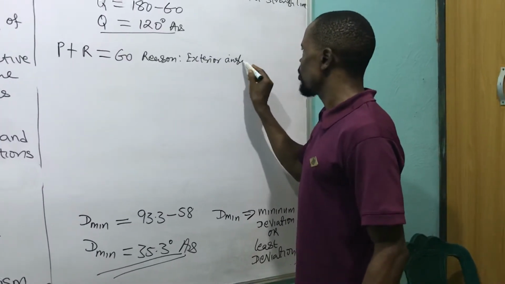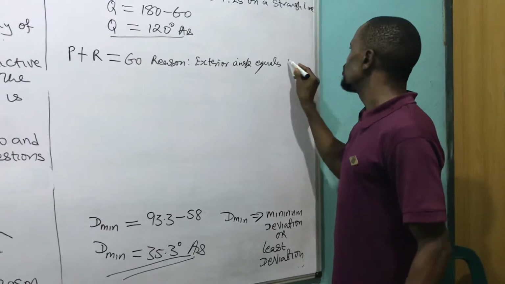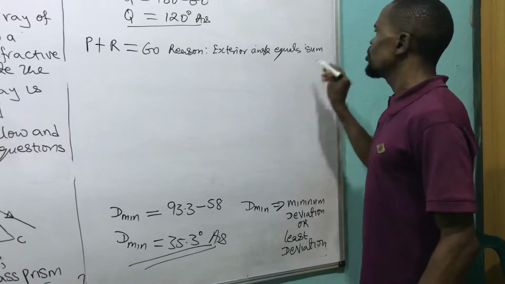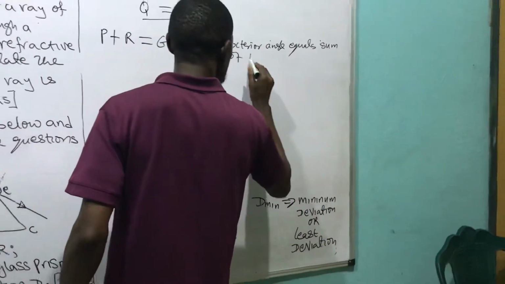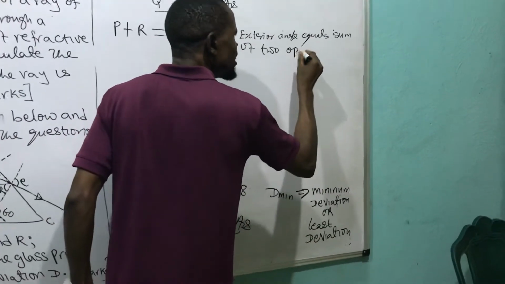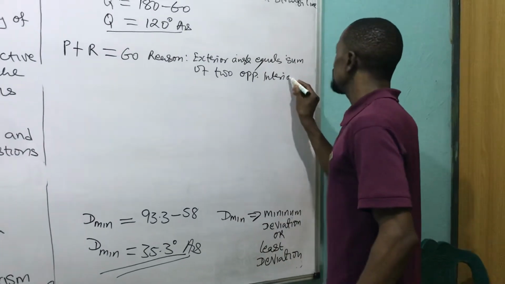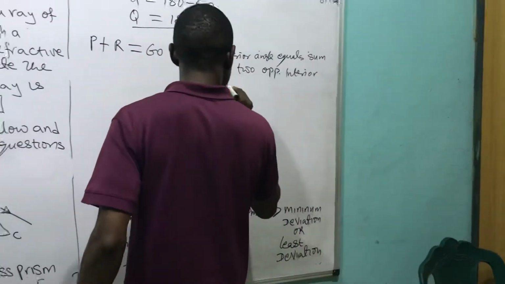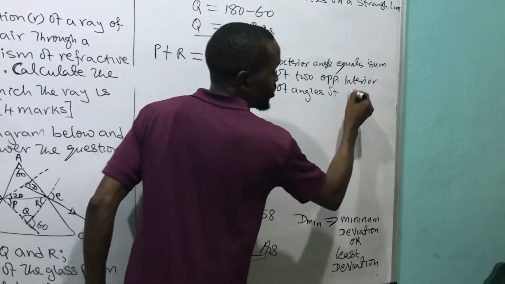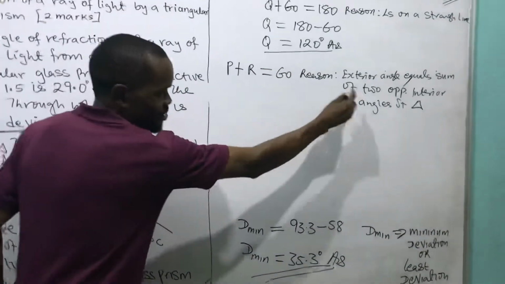Let me write the angle in words: exterior angle equals to sum of two opposite interior angles of a triangle. Look at what I'm talking about.